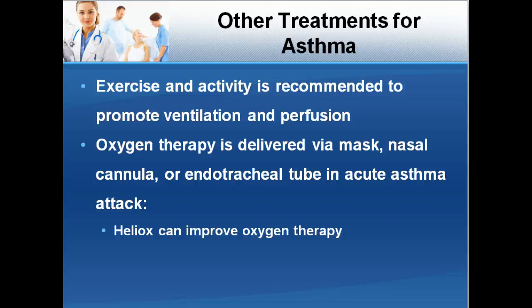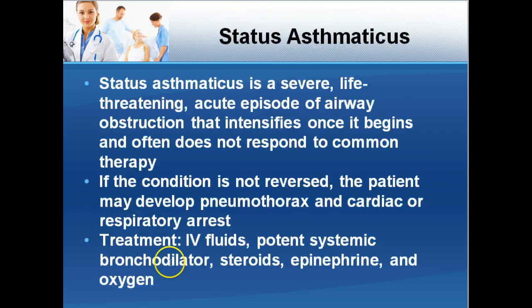So basically, this is the treatment. Status asthmaticus is a severe, life-threatening acute episode of airway obstruction that intensifies once it begins, and often it does not respond to common therapy.